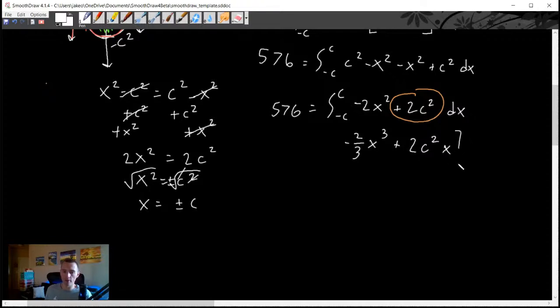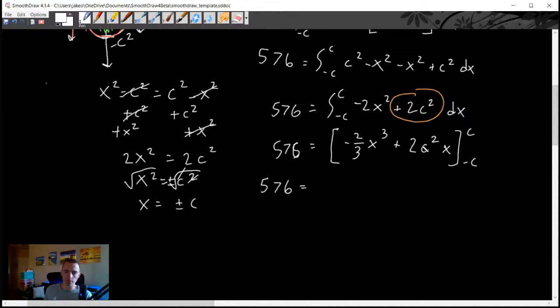And then we need to evaluate this from negative c to positive c. So in order to do that, we're just going to go into our equation and replace our x's with the upper bound, and then go back in and replace our x's with the lower bound. Whoops, this is 576 here.